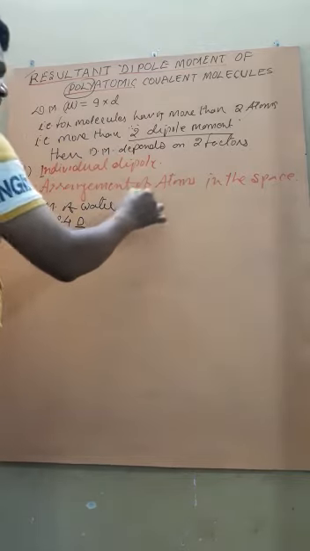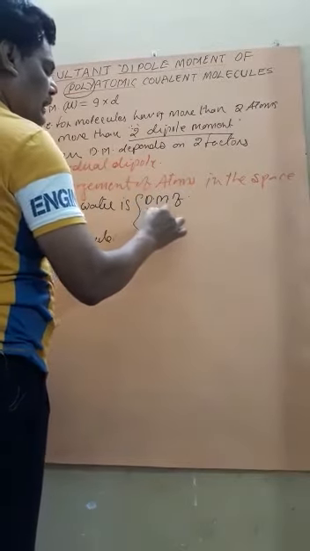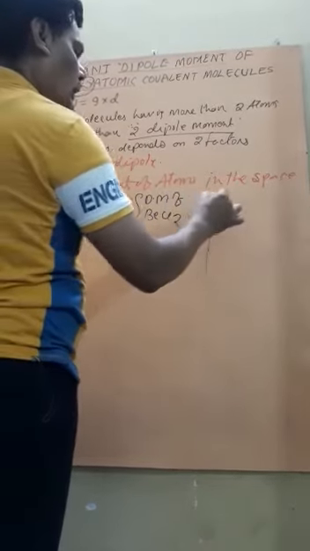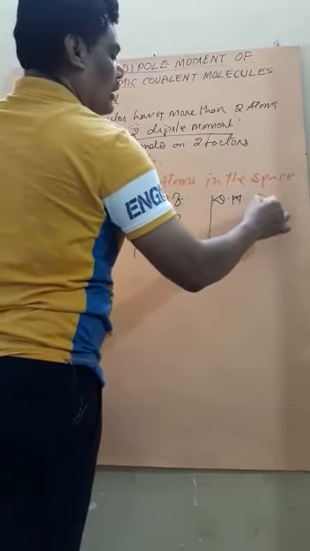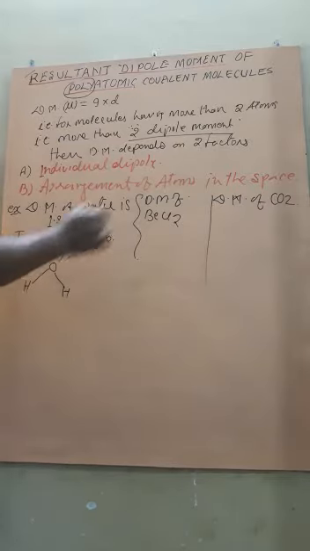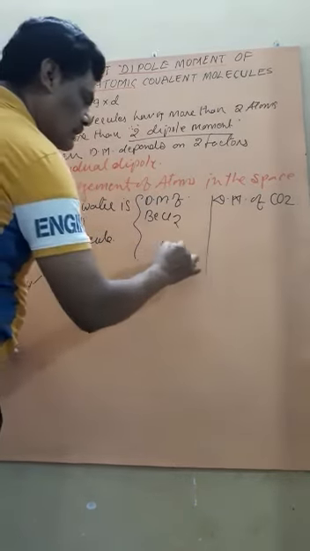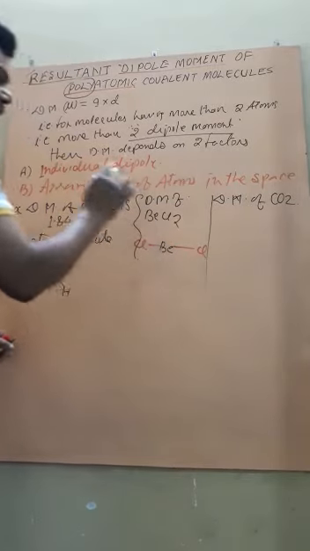If we discuss the dipole moment of BeCl2, or of CO2, first we have to draw their structure. Like water, the structure is O, this is H, and this is another H, having two lone pairs. Is that it? BeCl2, this is Be, this is one Cl, this is the next Cl.